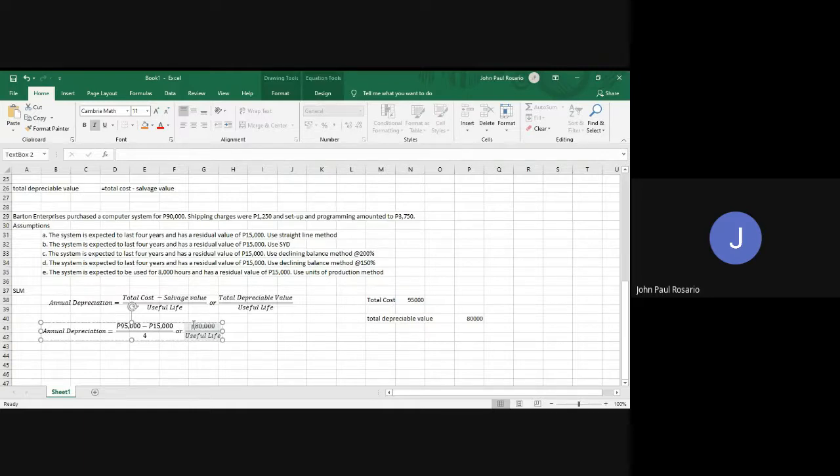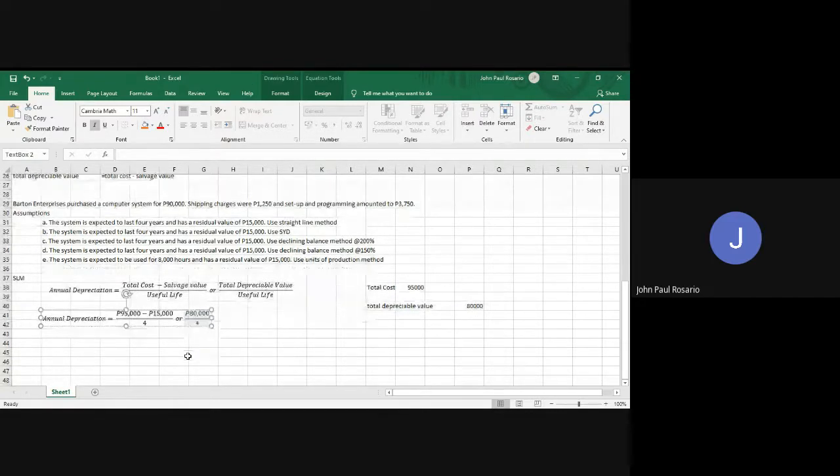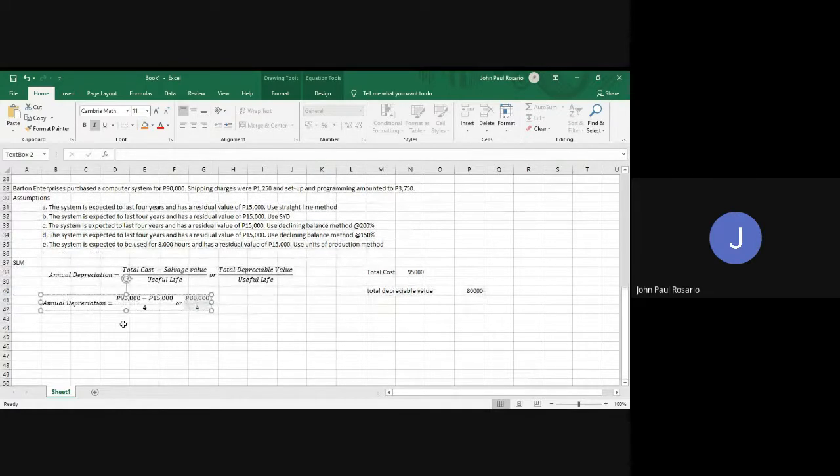And the useful life is 4 years. So meaning our annual depreciation will be 95,000 less 15,000, and we divide it by 4, 20,000, or simply 80,000 divided by 4, which is equal to 20,000.